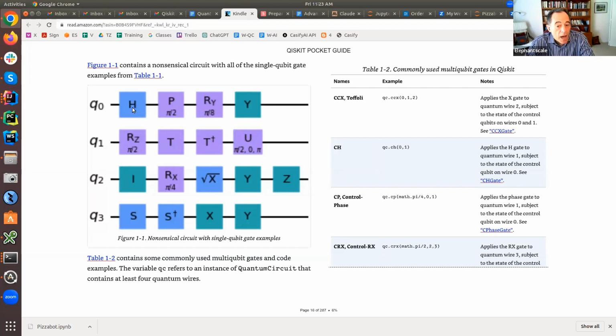This is a Hadamard circuit, Hadamard operations, and what it does is take the qubit in a definite position and translate it into what's called superposition. Superposition is your qubit when you don't observe it. So it is possibly here and possibly there.